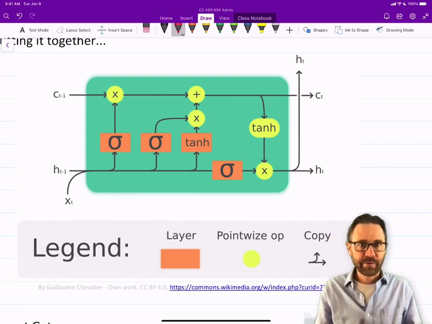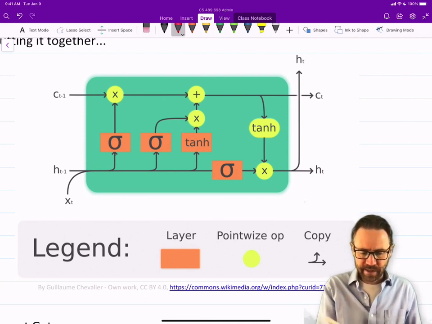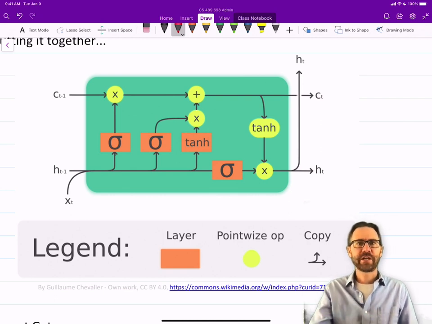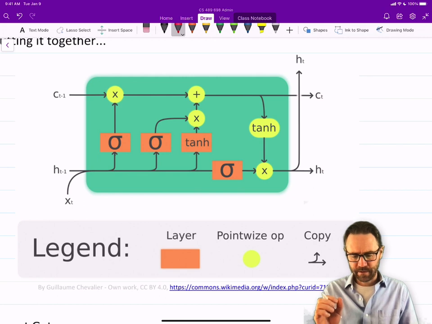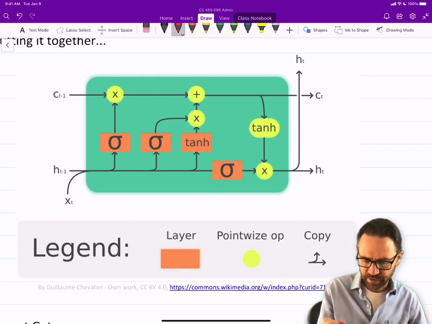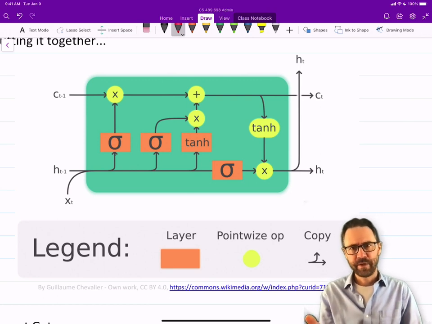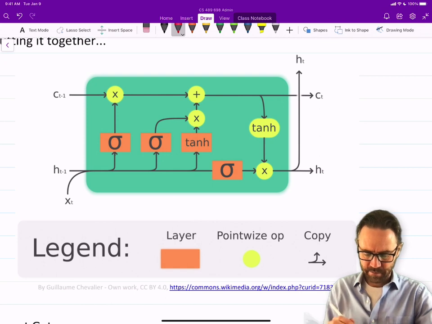Everything in orange is what they call a layer. And these lines are basically showing the path of data, or projections of information. And then the yellow circles or ovals are pointwise operations, so basically Hadamard type or monomial functions.